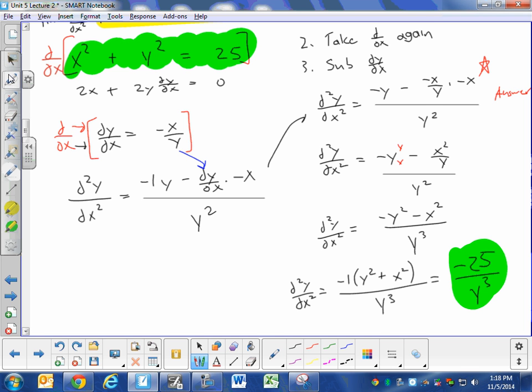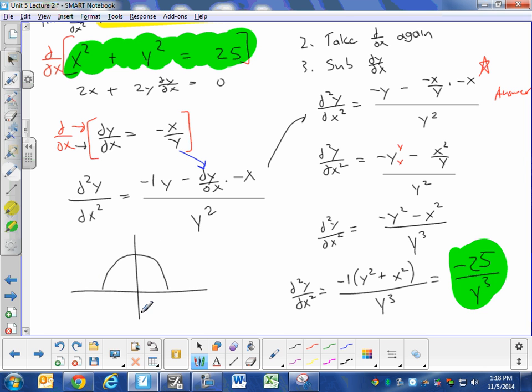A positive or a negative for my second derivative? I get a negative, right? Plug in 1, I get negative 25. Well, second derivatives tell me what? Concavity. On the top of a circle, what are we? Concave down.